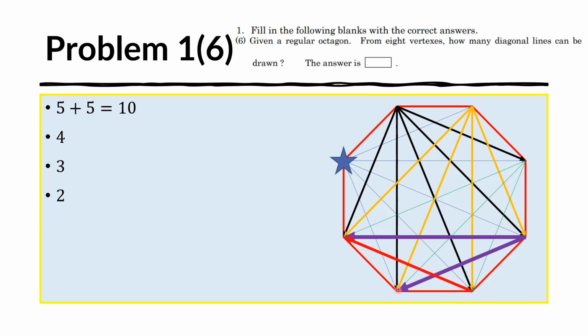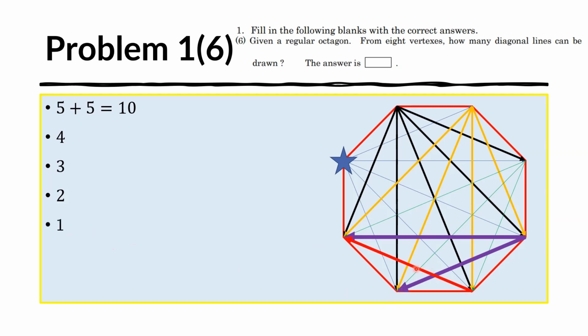When we're back here, we don't have any diagonals left, because the only remaining vertices would be this vertex and this vertex, and the vertex beside another vertex will not have a diagonal. So the last diagonal is just 1.